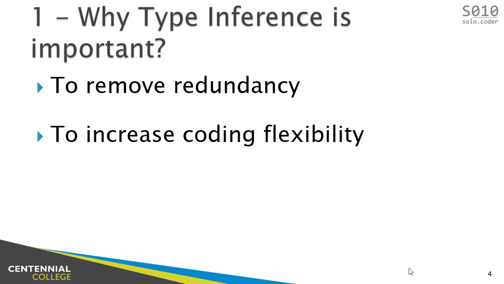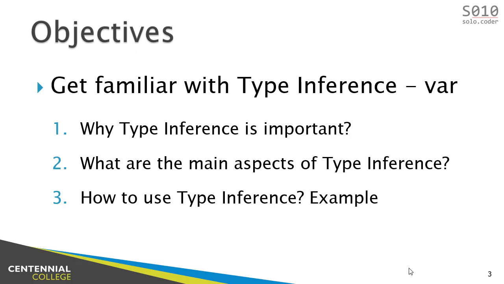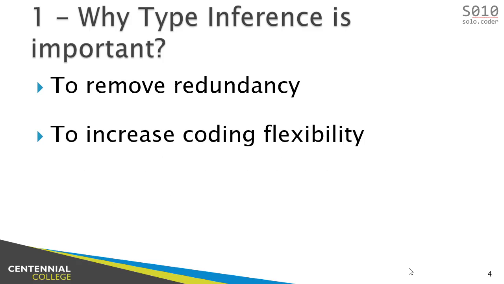So we just added to what the previous group said, the importance of var. Var means we don't even need to declare the data type. In C# 3.0 they introduced this one.